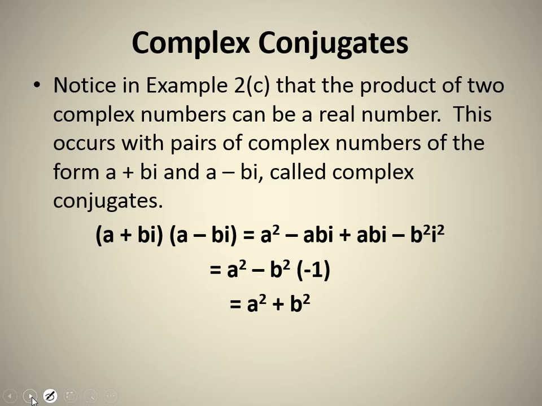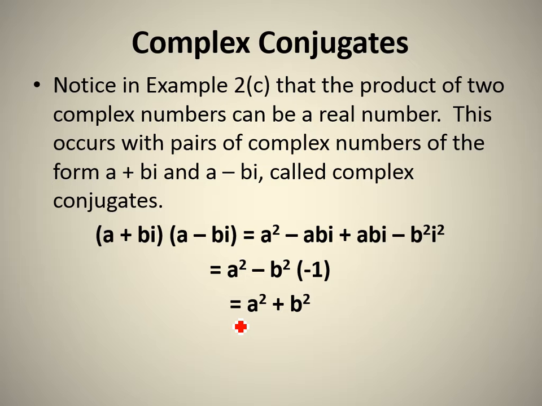So remember when we talked about rationalizing denominators, whenever you have a square root in the denominator, you want to rationalize the denominator so that the square root is no longer in the denominator of a fraction. So if you think along those lines, whenever you have an imaginary unit in the denominator of a fraction, what you essentially have is a square root in the denominator of the fraction.